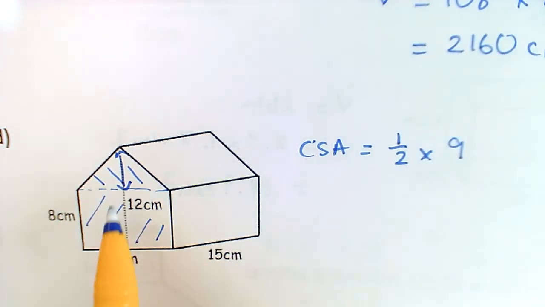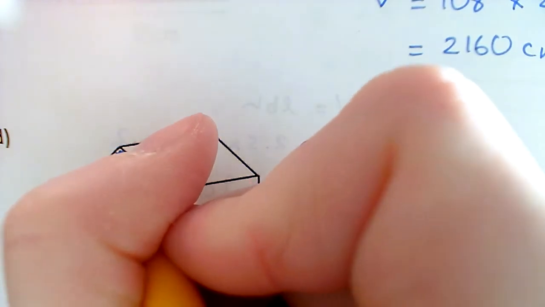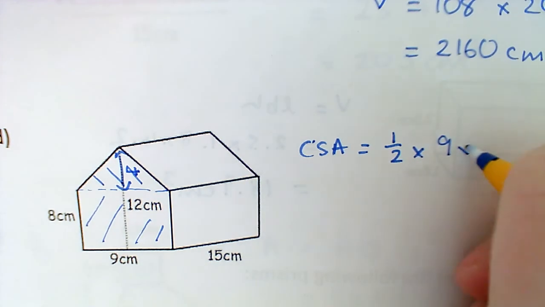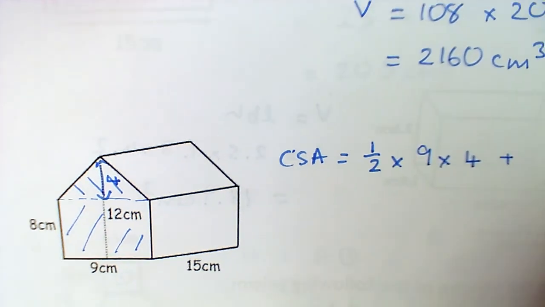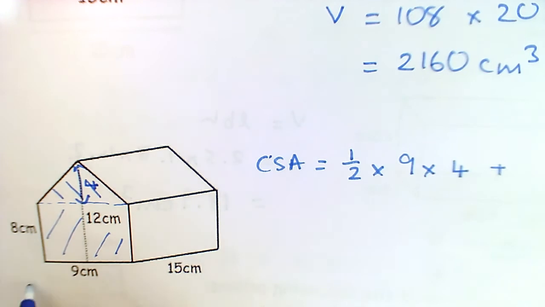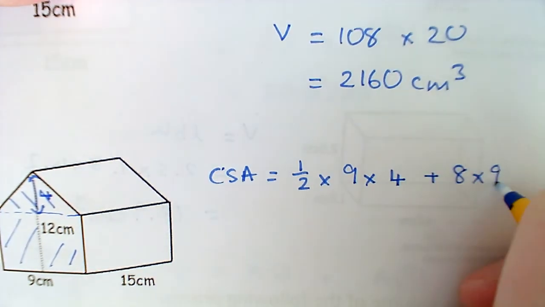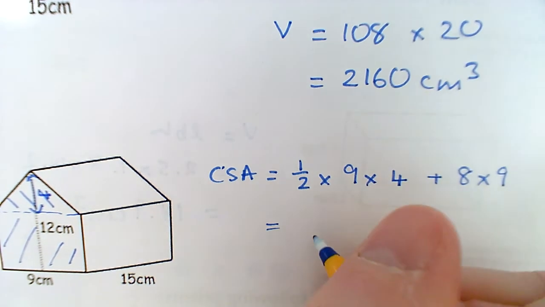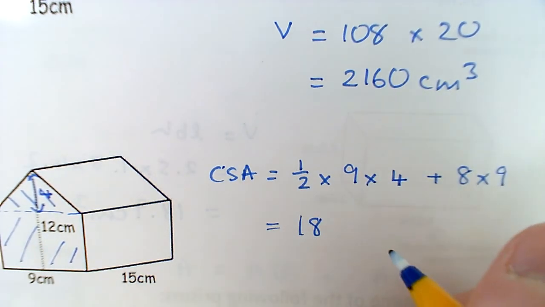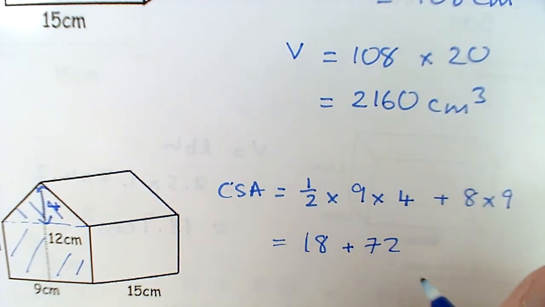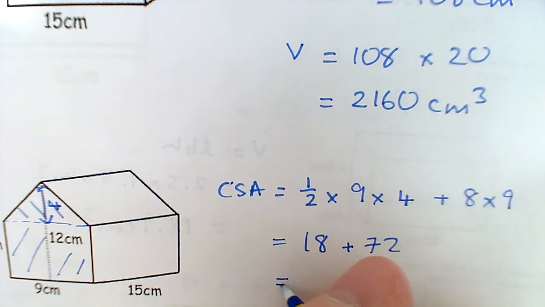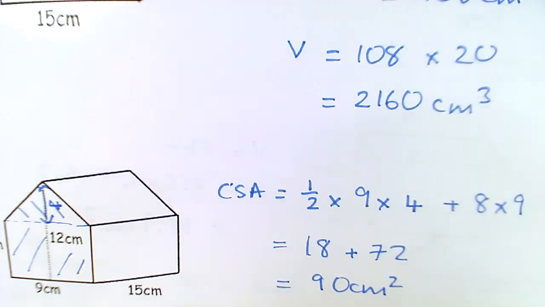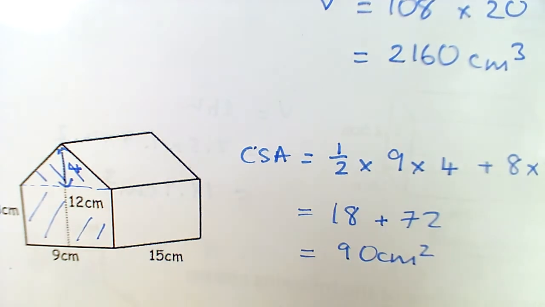So in here, the whole thing is 12, and the height of this side is 8, means that this is 4 in here. So that's the height of the triangle. And then the rectangle at the bottom is 8 by 9. So we've a half times 9 times 4, so that gives us 18. And we've 8 by 9, which gives us 72. So add them together and we get that the area is 90 centimetres squared.